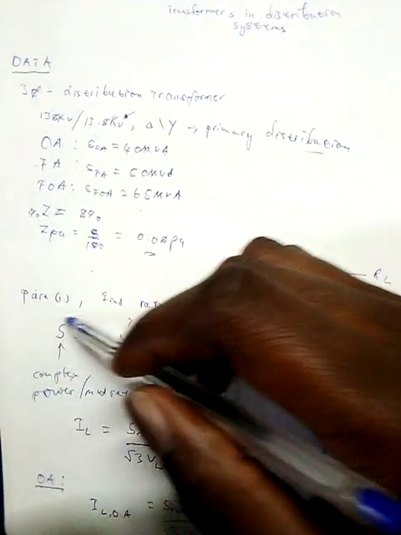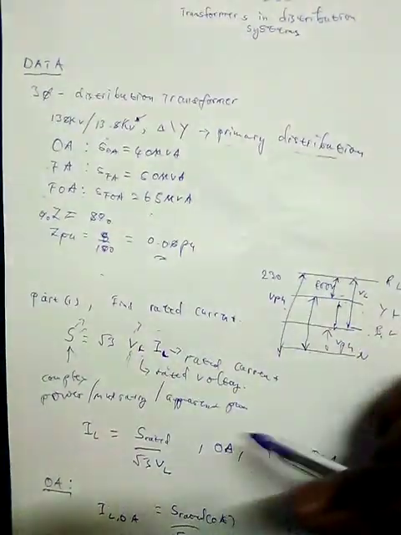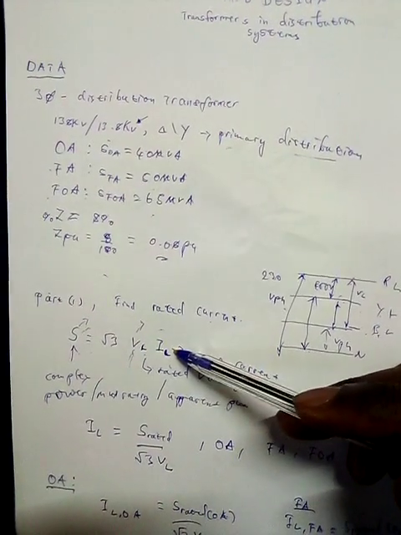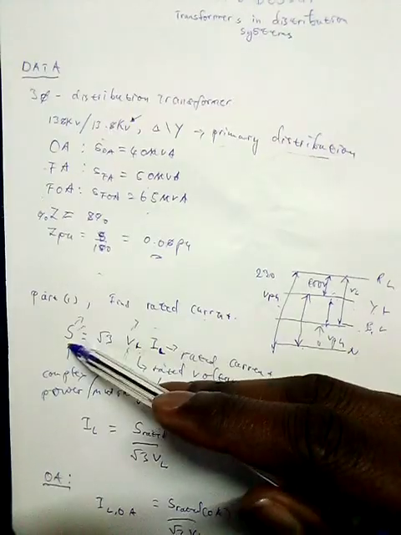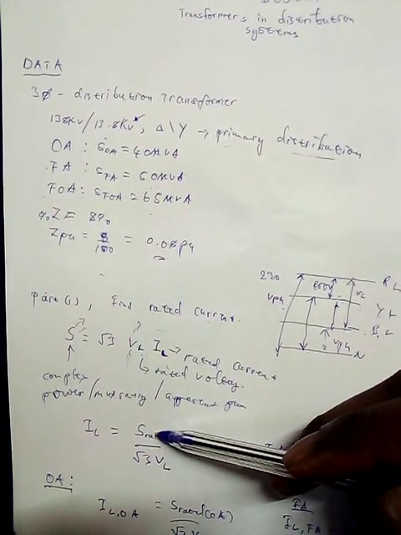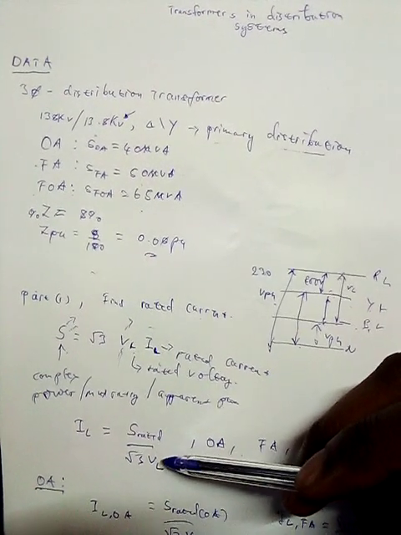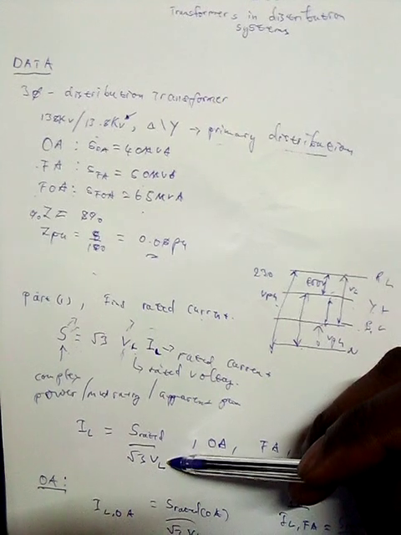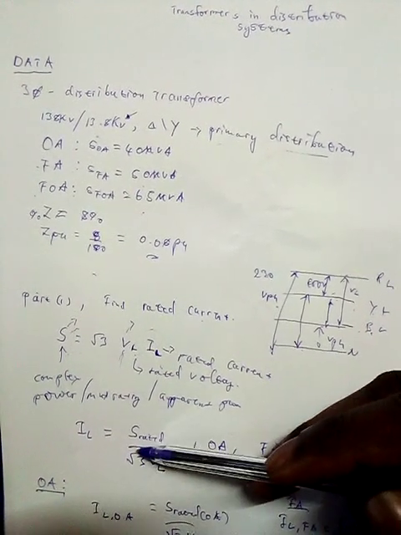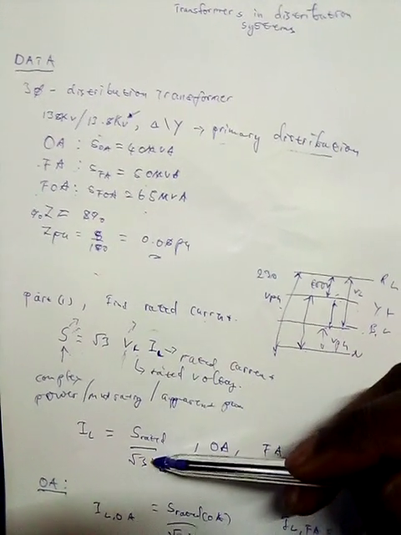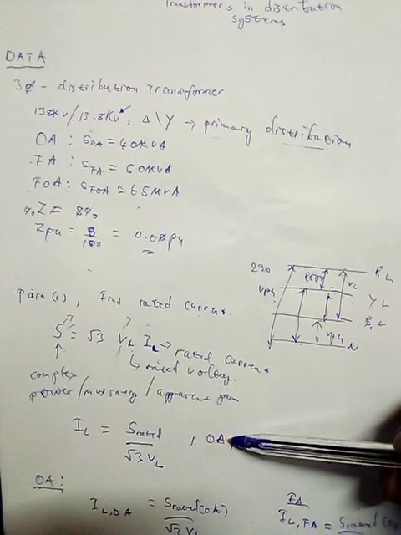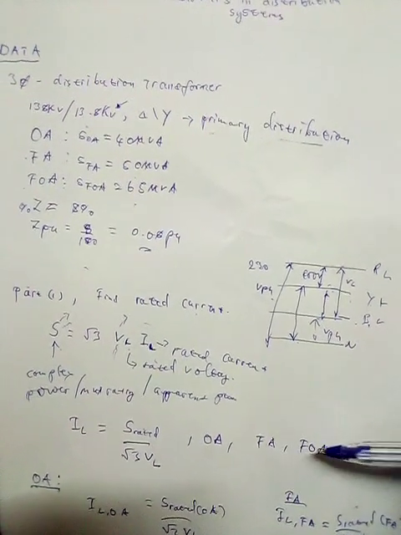So basically, you're going to make IL the subject of the formula. You get your S, which is referred to as S rated or MVA, and you get your VL, which is the rated voltage of the transformer, and you divide it by root 3 from this particular formula. Then you're going to calculate for OA, FA, and FOA.